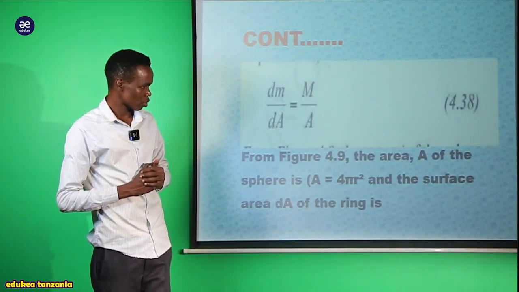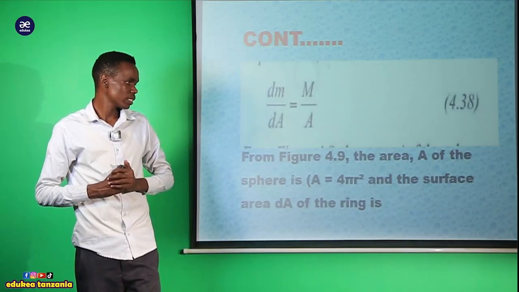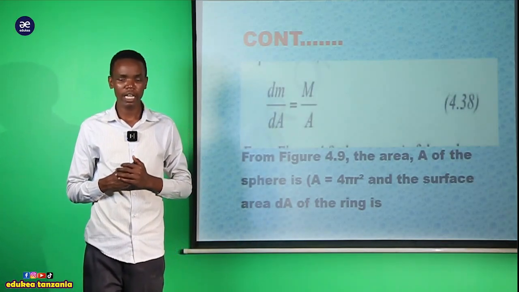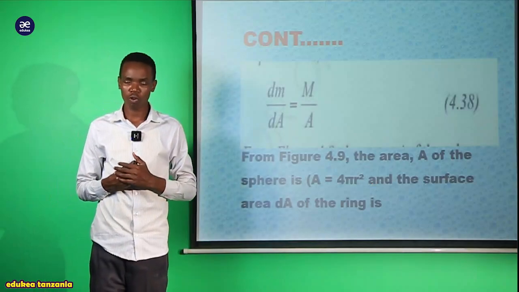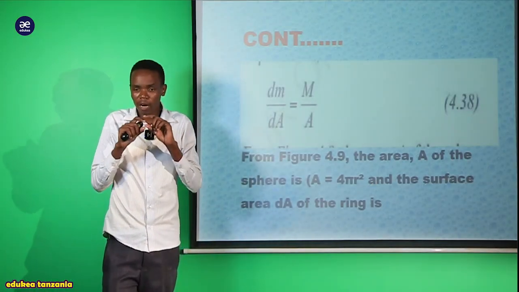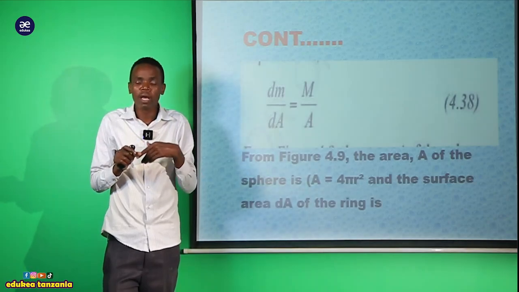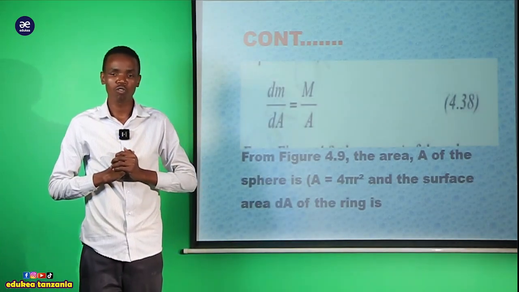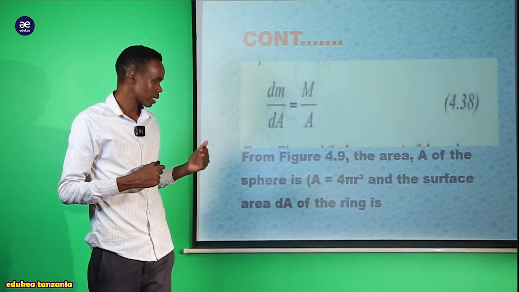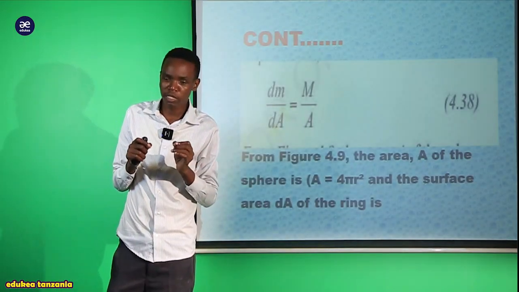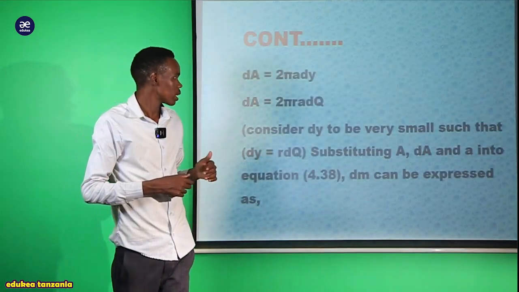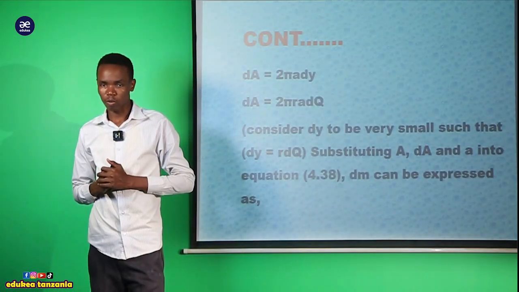The area A of the sphere is given by A equals 4 pi r square. For the whole sphere in the figure, the area must be equal to 4 pi r square. And the surface area dA, which means the area of the ring, is obtained by taking 2 pi a dy.